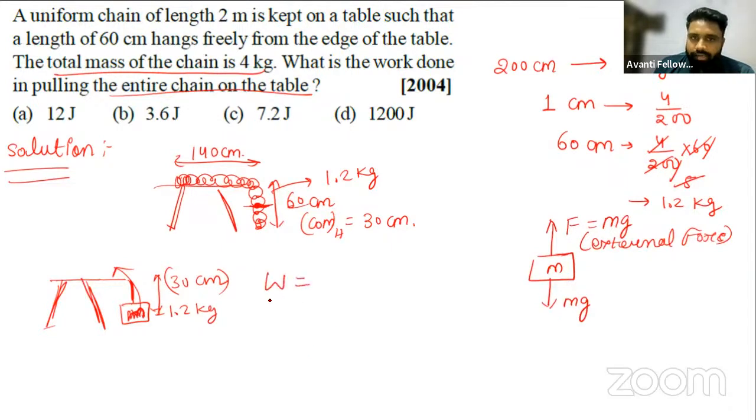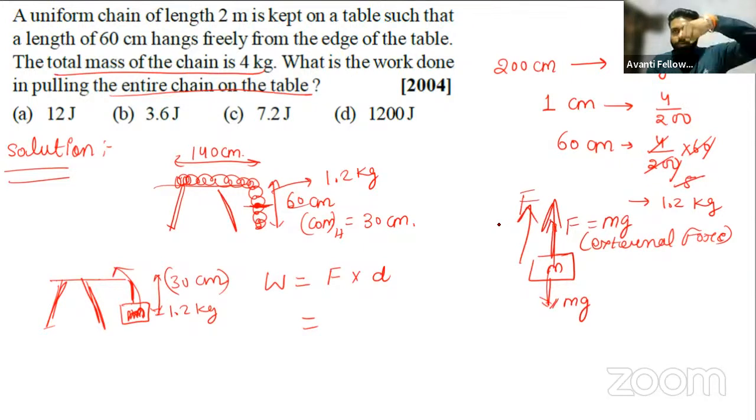Now, work done here is force multiplied by displacement, because this is the applied force, and the block is going up and the force is also acting upward. So the angle between force and displacement is 0, so that is why I have directly written it.